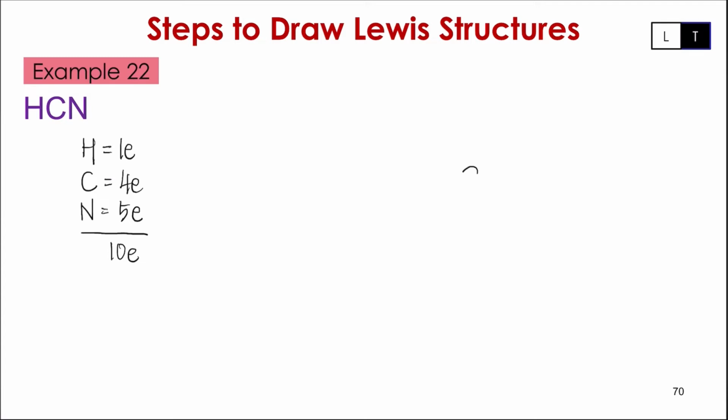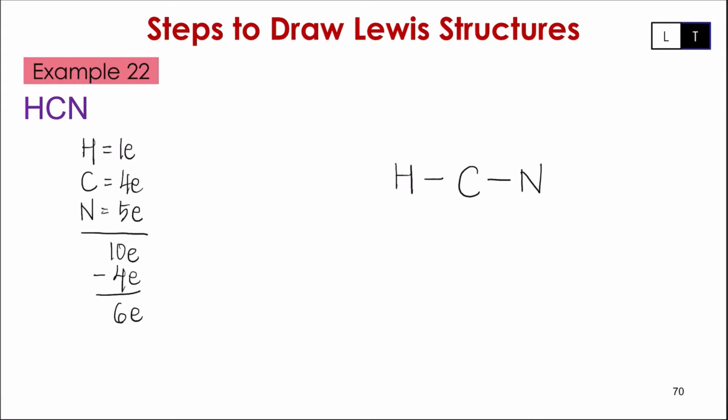So I'm going to put carbon, dia bonded kepada nitrogen dan hydrogen. So dalam kes ini, kita dah guna 2 bonding pairs, maknanya 4 electrons. So 10 minus 4, baki dia adalah 6 electron. So I'm going to continue by putting the rest 6 electrons at the terminal atom.